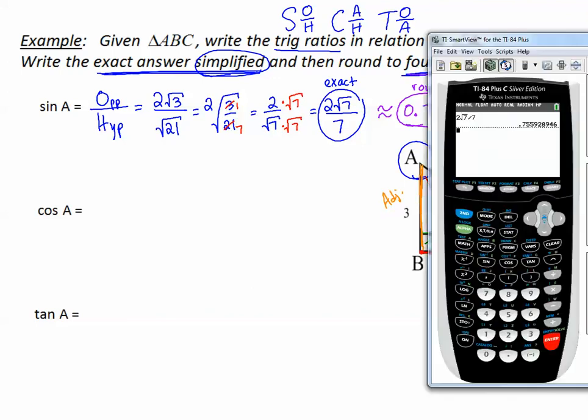Now, I'm going to bring my calculator back because just in case I might have made a mistake with my exact answer, I'm also going to type in the answer that I got before I started simplifying anything. So let's see. 2 square roots of 3 divided by square root 21. Enter. I see I got the same thing, so my exact answer is correct.